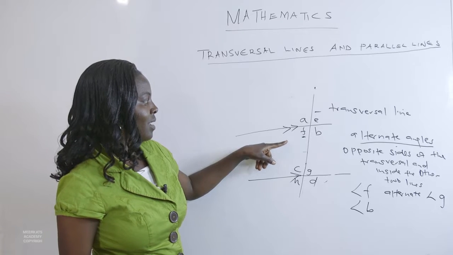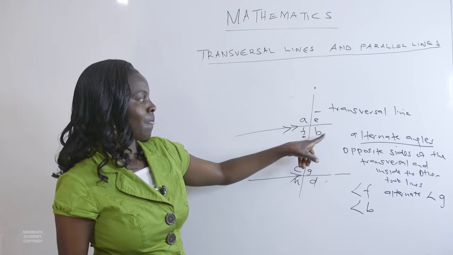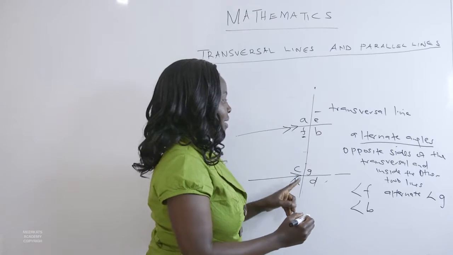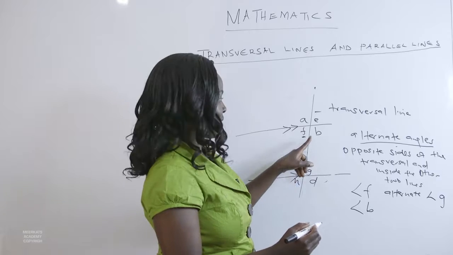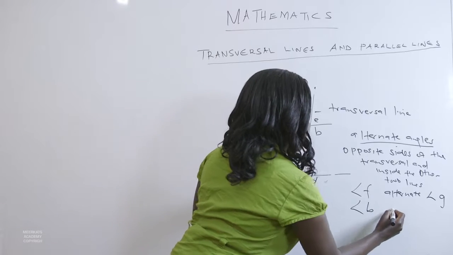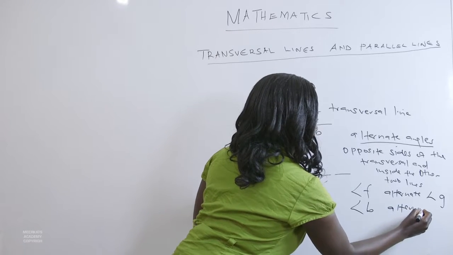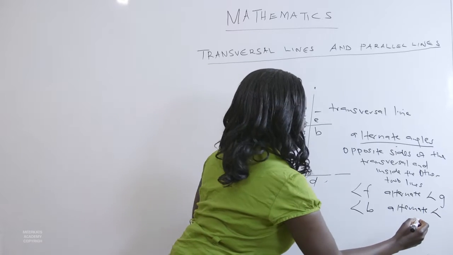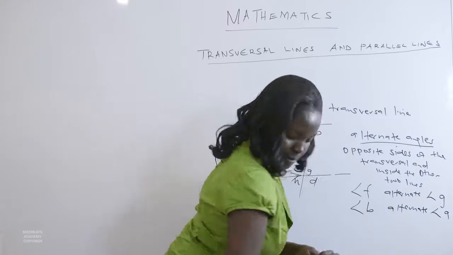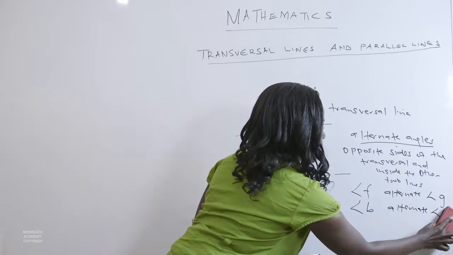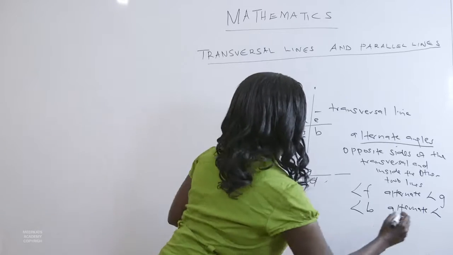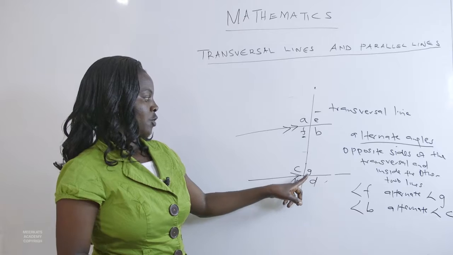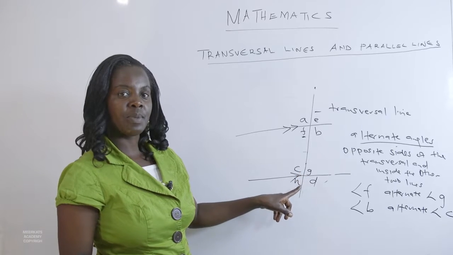Because this one is at the bottom, the angle that is alternate to B should be angle C.